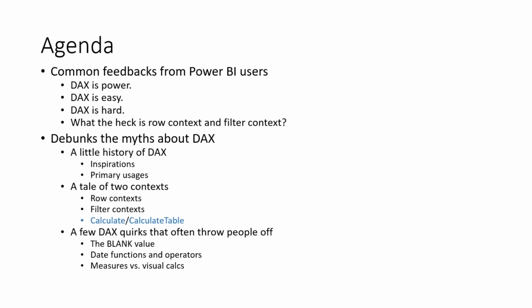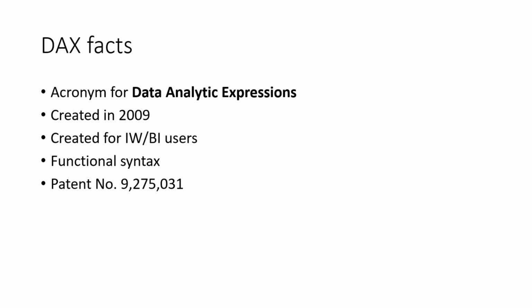Many people come from an Excel background, they have learned Excel formulas. Many people come from SQL, some people come from Python. Every programming language has its quirks. DAX is no exception. But some of those things tend to throw people off because that's not what they're used to. So let's start with some basic information about DAX.